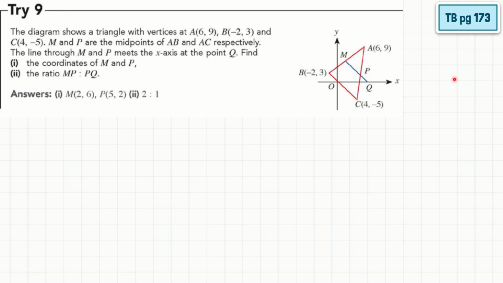Next, we will take a look at part 2, which is slightly more challenging. If we were to look at just the question itself, asking us to find the ratio of MP is to PQ, I wonder what is the thinking that you have behind this question? What impression do you get out of the question?